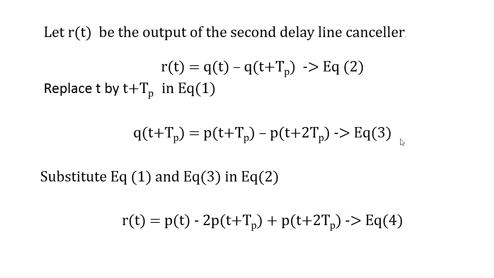This I will call equation 3. And I will substitute equation 1 and equation 3 in equation 2. After simplification, I get R of T is equal to P of T minus 2P of T plus TP plus P of T plus 2TP. So this is the output of the double delay line canceller.